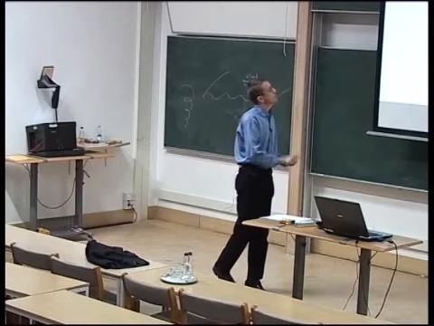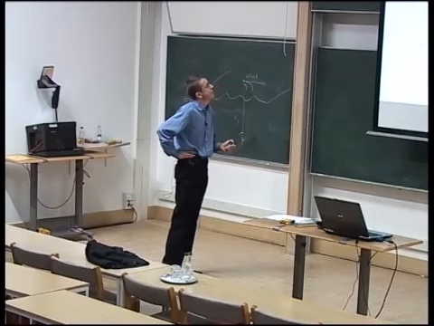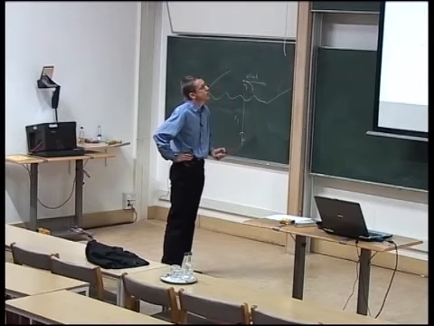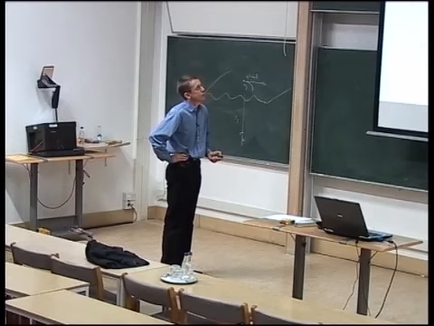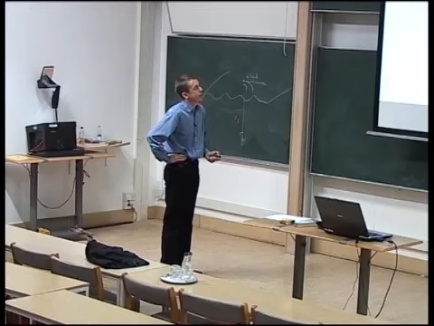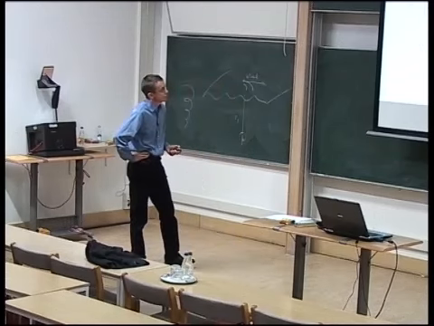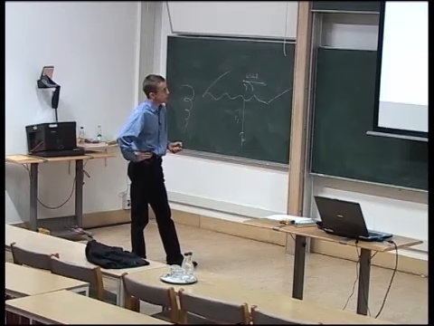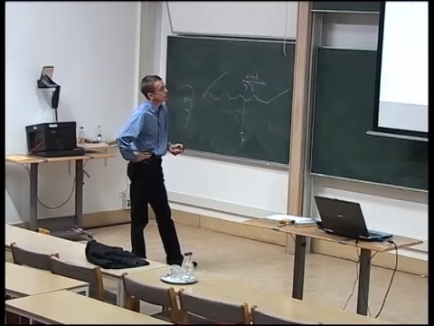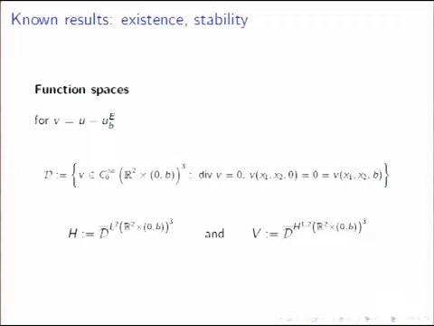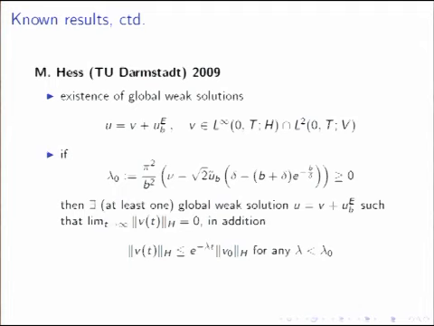So for the velocity field V, which is U minus the Ekman spiral, we can impose the Dirichlet boundary conditions at the bottom and the top of the layer. And as usual, we then look at the closure. So this would be the divergence-free vector fields, which are square integrable, and this would be the square integrable vector fields with finite energy. Okay, so this is the result I wanted to refer to.